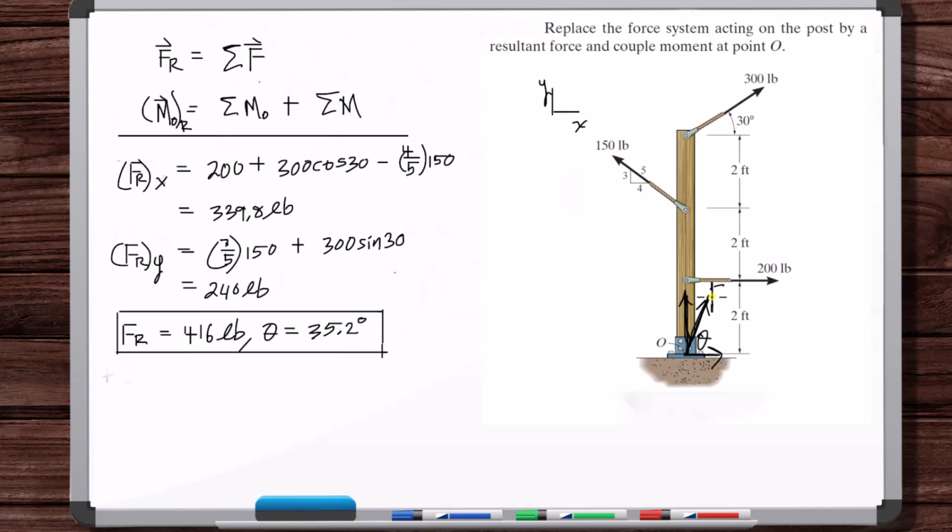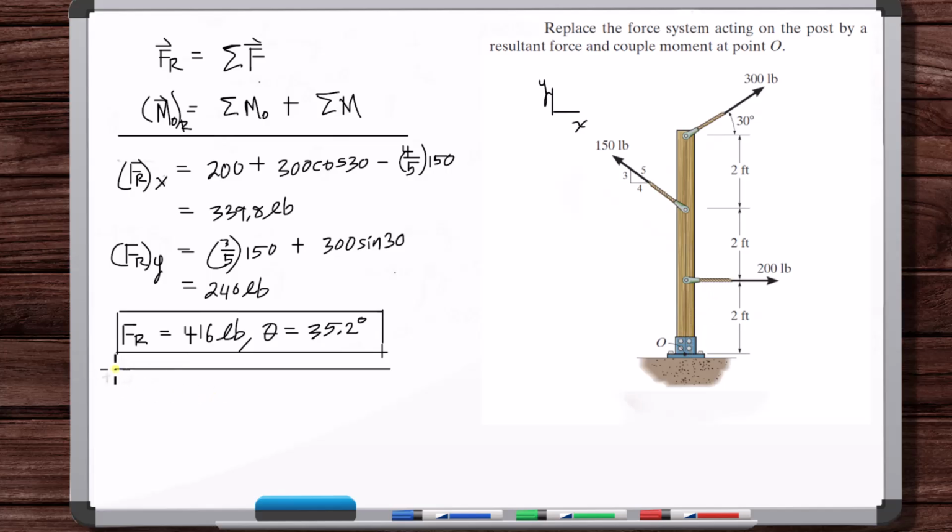This is FR. Okay, now we moved all of these forces. We just summed up the forces and replaced them with the resultant force vector. But it's not an equivalent force system because we have to account for the moments that these forces are exerting about point O as well, not just the forces themselves.